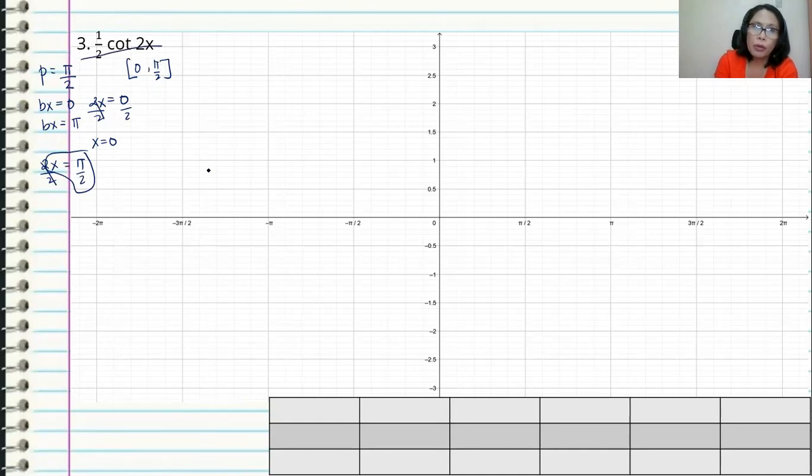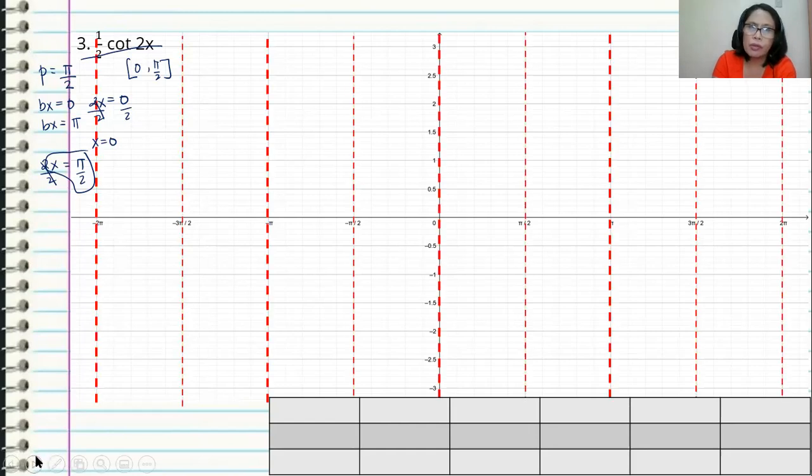Okay? So these are the vertical asymptotes. So we have from 0 to pi over 2, pi over 2 to pi, pi to 3 pi over 2, 3 pi over 2 to 2 pi, and then the same goes with the other side of 0.